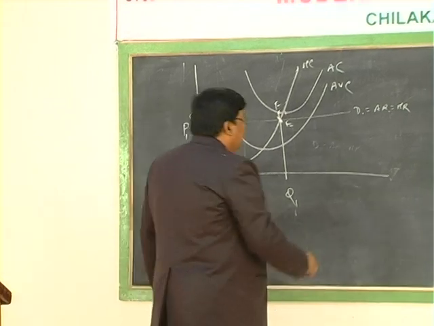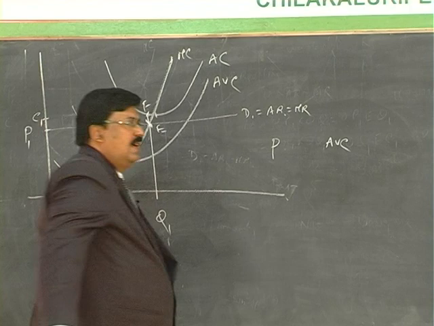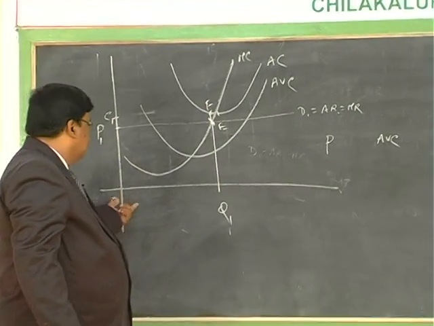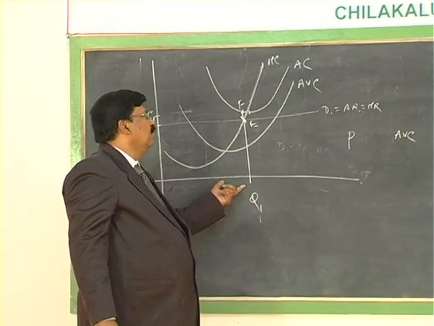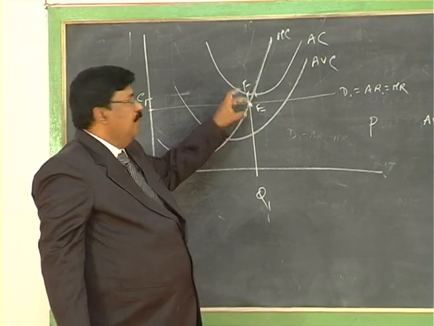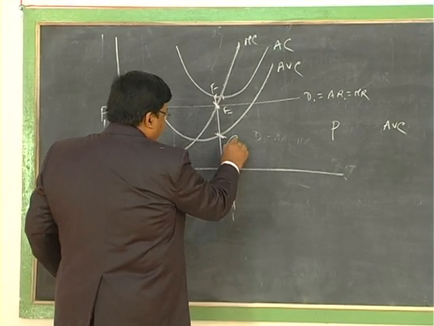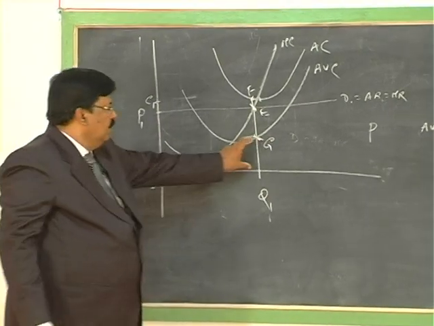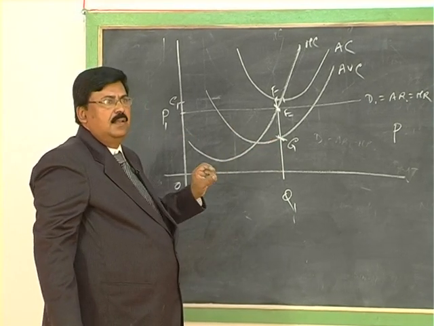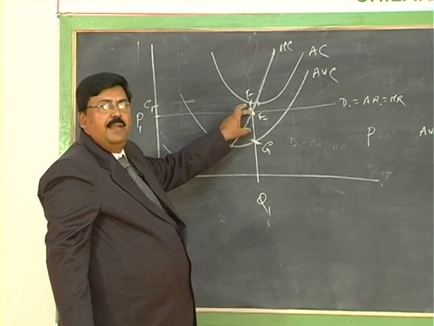So you have to compare price with average variable cost or variable cost per unit. In this case, OQ1 output, even though price is less than average cost, it is more than average variable cost. Q1Z, for example, this is variable cost. So your price is Q1E.